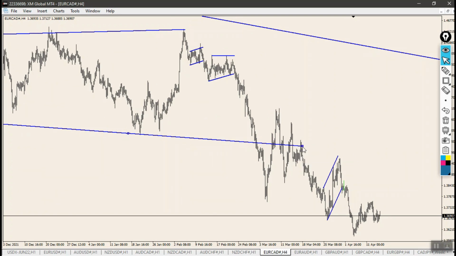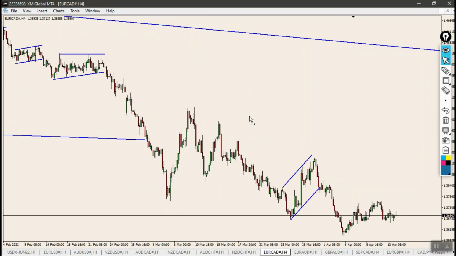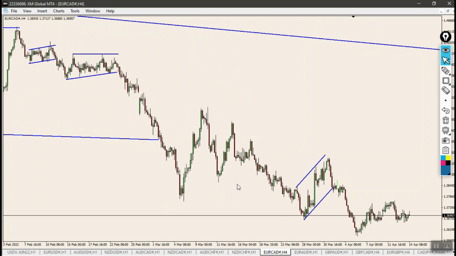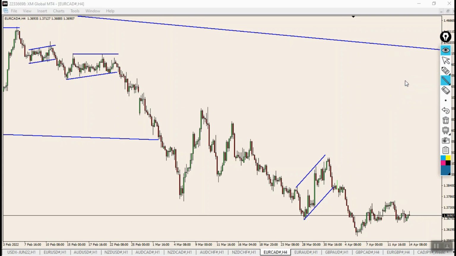But if you separate the two, just pull the trend line back, zoom in, and just watch this price action, you will realize that this is a continuation pattern. We have a continuation pattern that goes something like this. You place your pending orders down here, and you go with the ride.